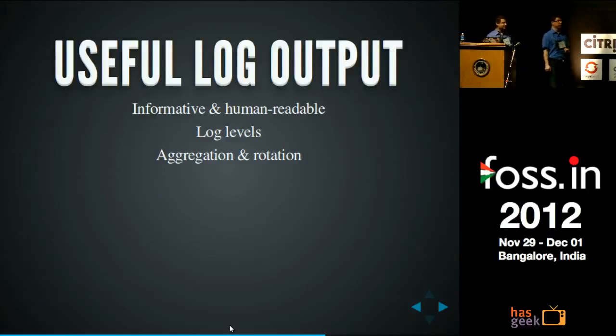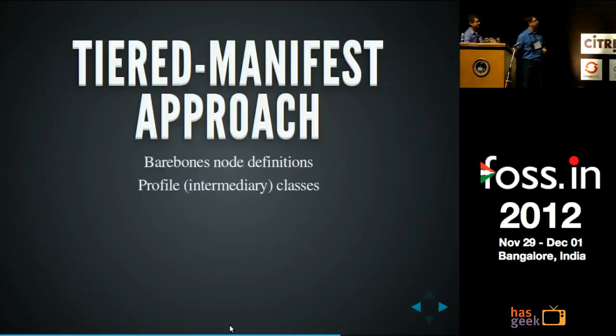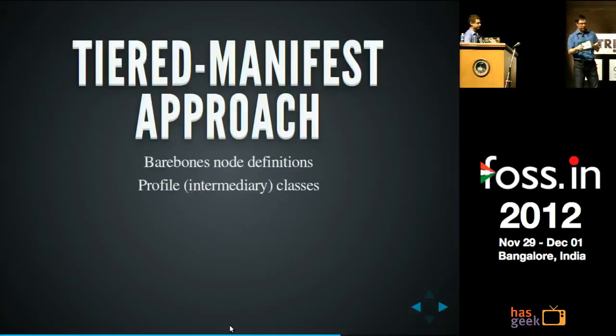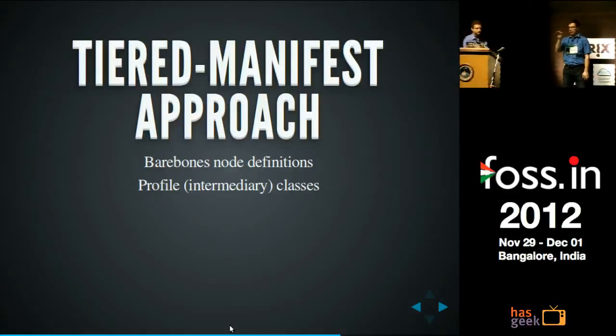There's a lot of information, so we're on a tiered manifest approach. This is a big one. The idea behind it is pretty straightforward, and I'll run through it as quickly as I can. Node definitions in Puppet: node, the name of your machine, what's on that. Keep them as simple as possible.